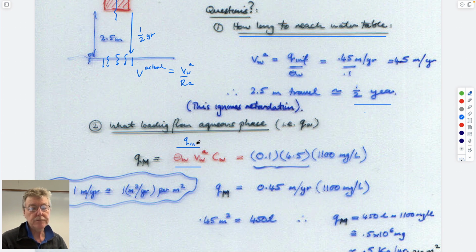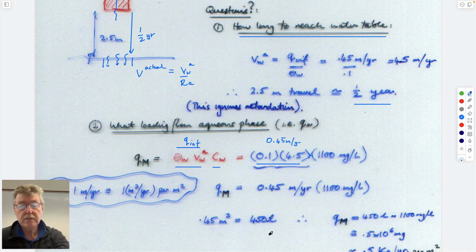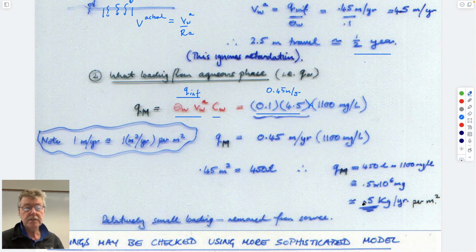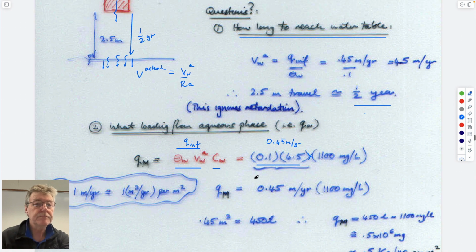Q infiltration, which we defined before, multiplied by its solubility. So Q infiltration is 0.1 times 4.5, which is 0.45 meters a year. This is Q infiltration times whatever the solubility is. Just one component. Free phase solubility of TCE is something like 1100 parts per million. So you multiply these two and you get some amount which is 0.5 kilogram per year per meter squared.